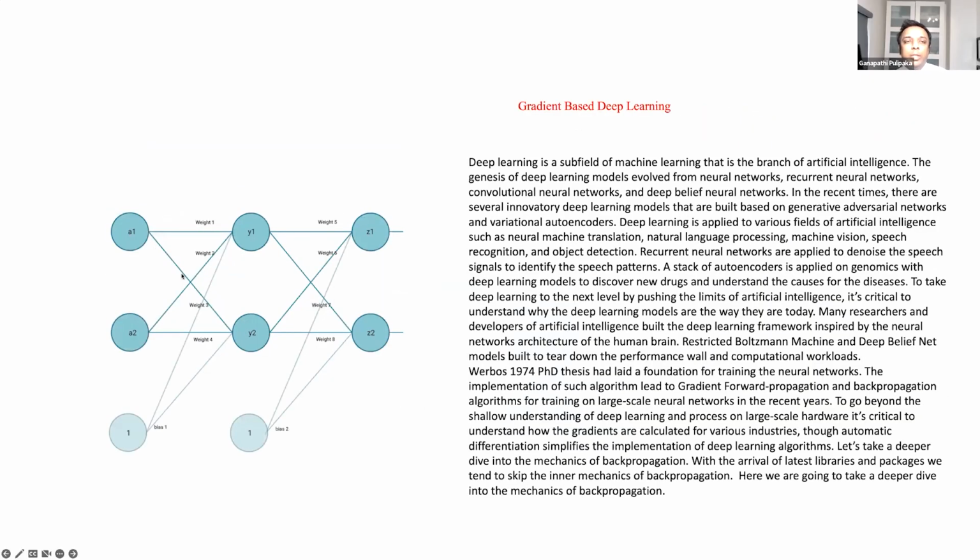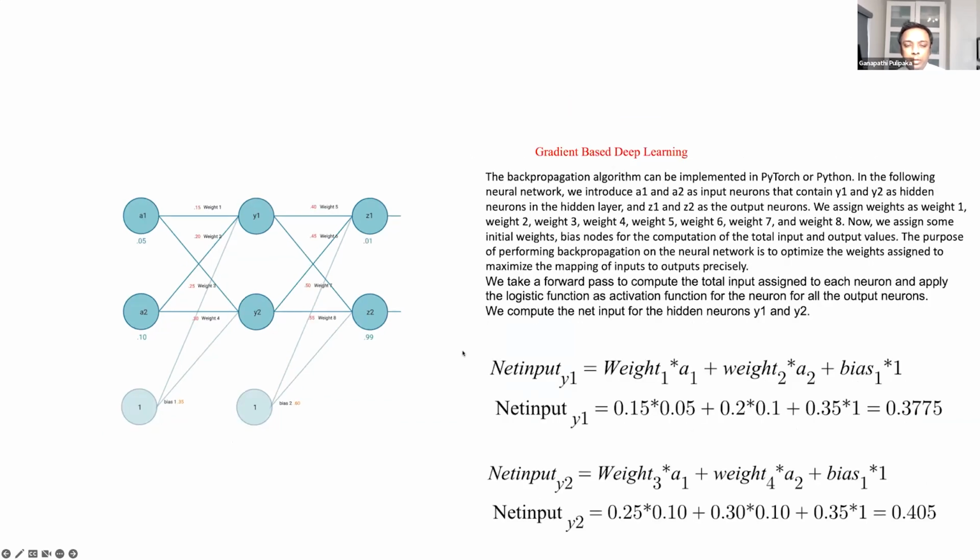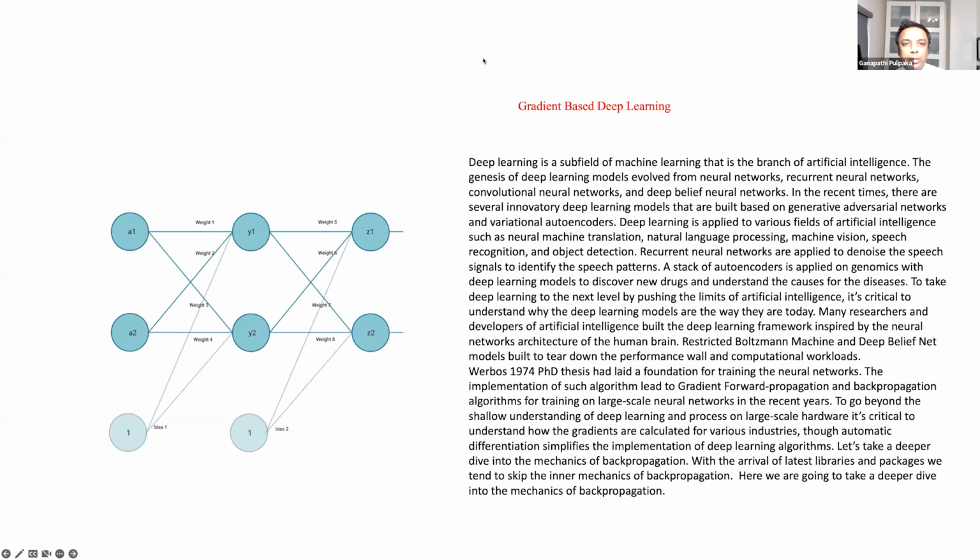So I'm just going through these neural networks here, and I was showing how we assign the weights, and then we are able to apply them to a number of industries as well.